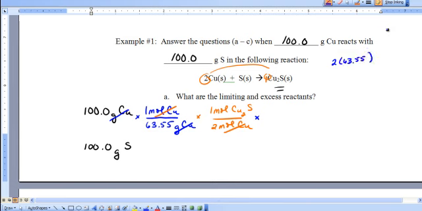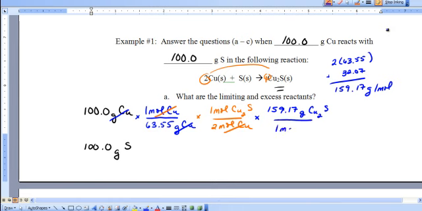We have 1 sulfur at 32.07, and when you multiply and add them up, I get 159.17 grams per mole as the molar mass. So we'll go ahead and multiply this then by 159.17 grams of our product per 1 mole of product, so that the moles of Cu2S divide out top and bottom.